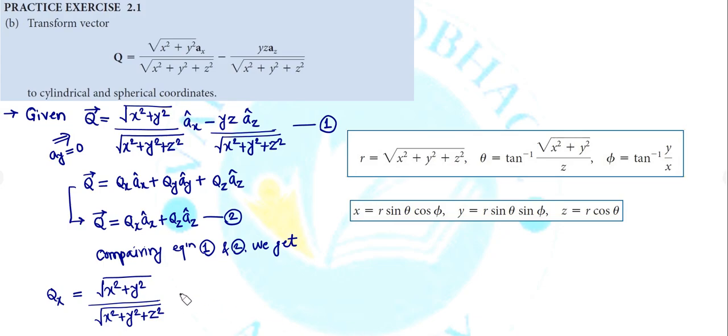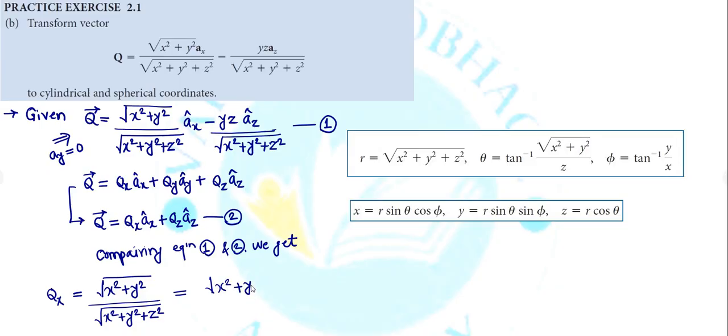Okay, now we have that qx, and we have the values of x square plus y square plus z square. Now we are going to put those values over here. Very firstly, you can see that we have the numerator, square root of x square plus y square. We are going to write that for now as it is.